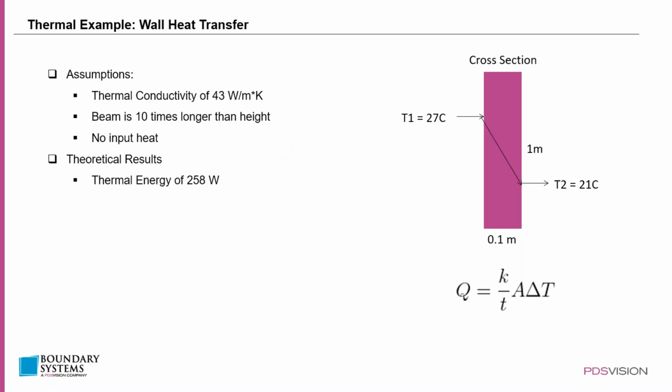Lastly, I have a thermal heat transfer example. So we have a cross section that's assumed to be infinite length. We have two different temperatures on either side of that. And we're going to calculate the heat transfer across the beam.